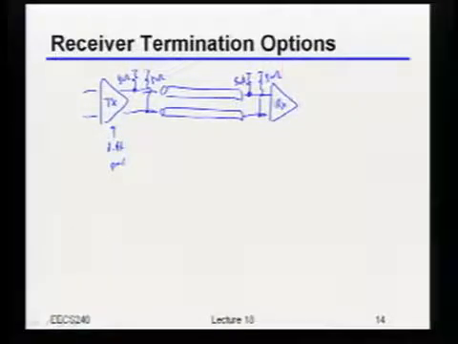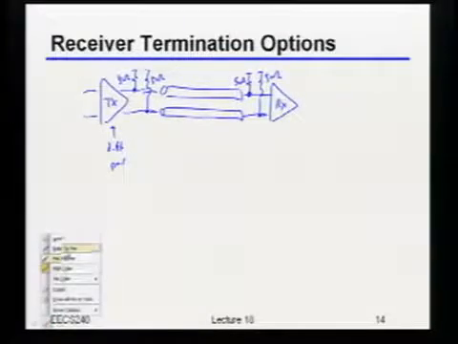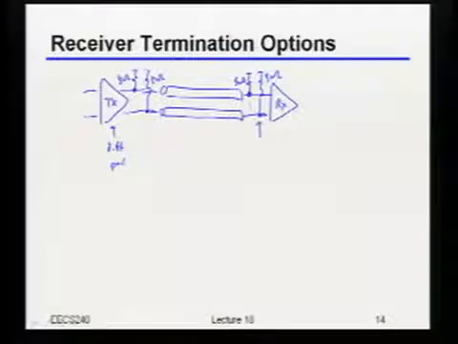Now, this is obviously really easy to do from a termination standpoint, but this has some implications on the design of the receiver. In particular, if I build this thing this way, what's going to set the common mode at the input of my receiver? What's that going to be set by?